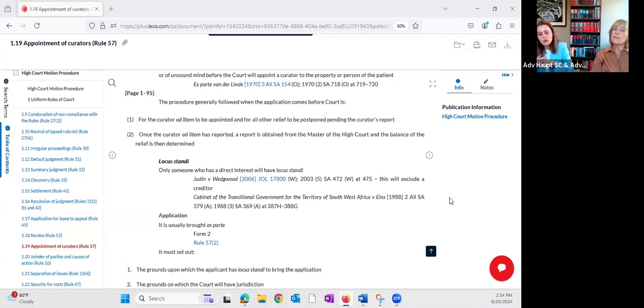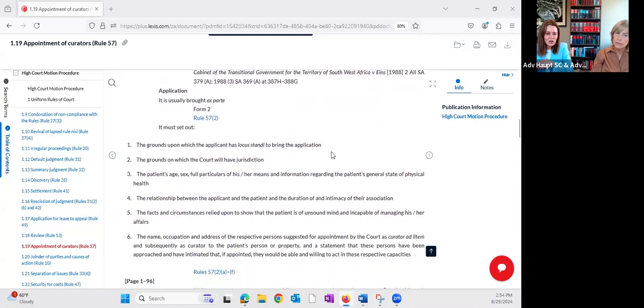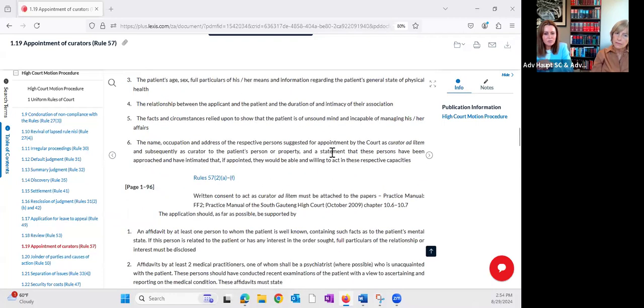This next aspect you're going to deal with is the aspect of jurisdiction. With a Rule 57, it will be because your patient is either in a facility or still resides on their own within the jurisdiction area of the court. Next aspect, can we just page a bit down, please, Ashleka? Thank you. The next aspect, obviously we can stop there, thank you, will, for instance, be then to just inform the court what the nature of the application is.